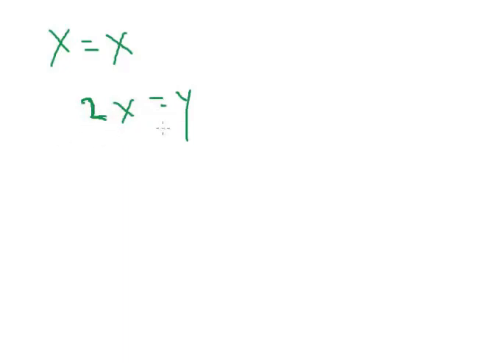X could be 5 and y could be 10, x could be 100 and y could be 200, x could be 1,000, y could be 2,000, etc. Now, if we have another equation that tells us, for example, y equals x plus 7, well, now all of a sudden we would be able to figure this out if we have two equations or if we know what y is. But generally speaking, at first at least, we're going to start with equations with only a single variable.